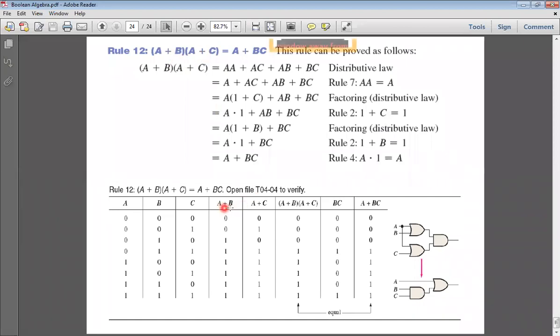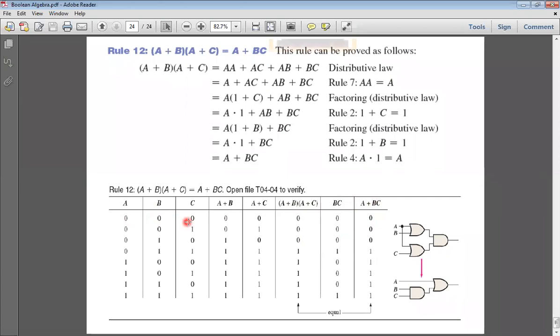So we break down this into A plus B and A plus C. We have calculated A plus B here, A plus C here, and if you want A plus B and A plus C, just use AND operation. Okay, A plus B into A plus C, and what is there in the right hand side? A plus BC. So calculate BC and write down here, and OR this BC with A, which is written here.